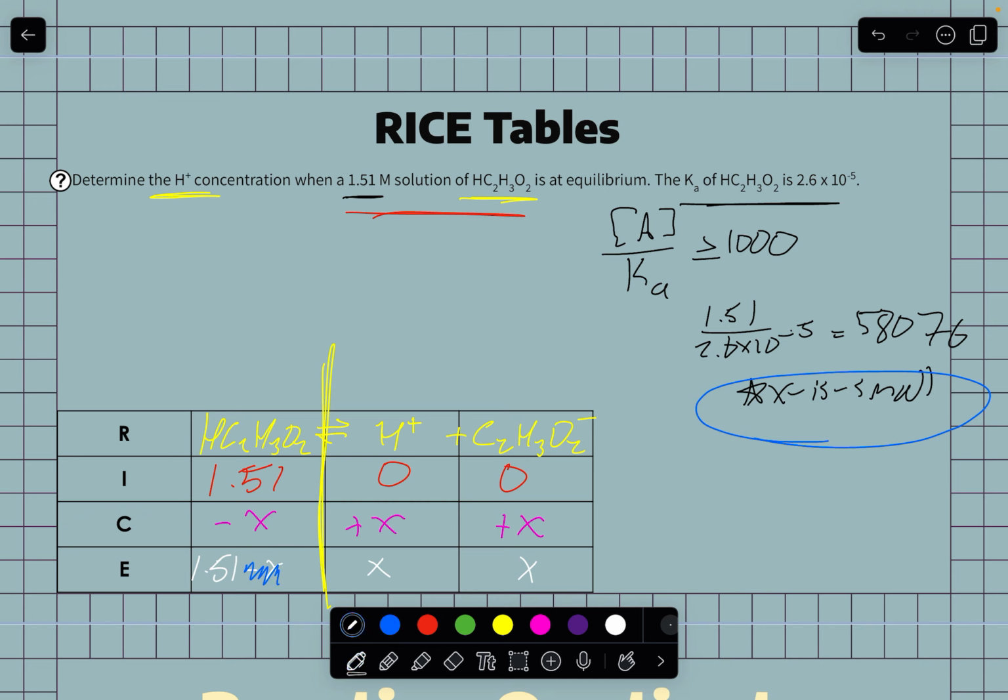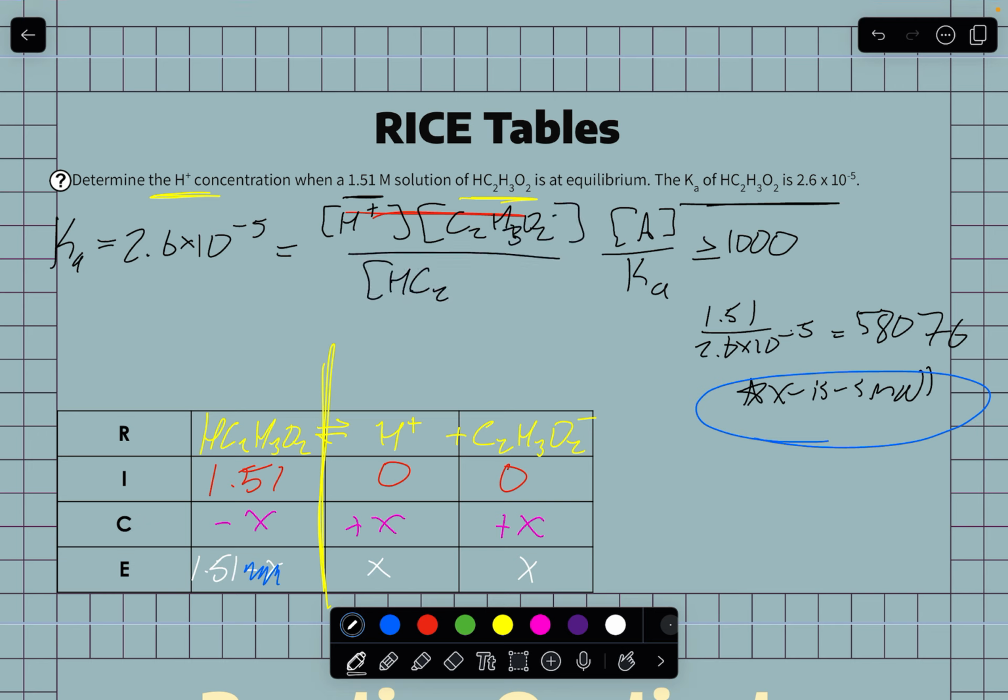So our Kc expression, or Ka here, which we said was 2.6 times 10 to the -5, is equal to our products, H plus times C2H3O2 minus, divided by our HC2H3O2. That's going to be equal to x times x divided by 1.51.